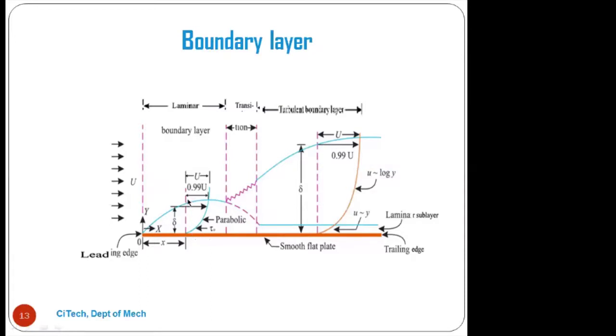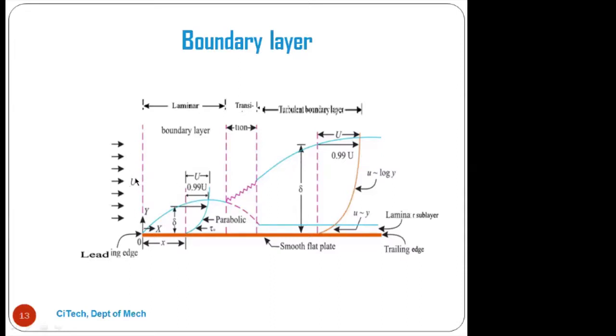Okay, where the velocity of the fluid reaches the mean stream velocity of the flow, that is where the velocity is the maximum, understand? This is called 0.99 of u, where the initial velocity is u.